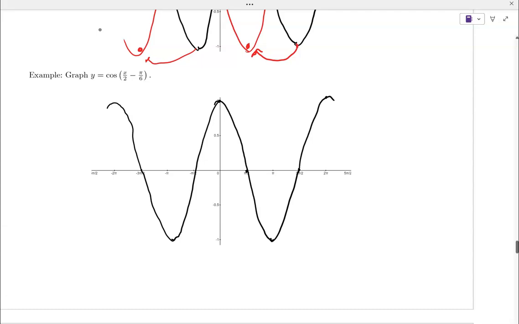Again, not looking for perfection, just looking for the general idea. These would come back down and hit the x-axis at 5 pi over 2 if you really wanted to draw it. This is going to come back down that way.